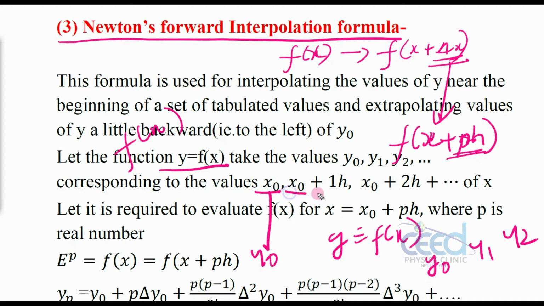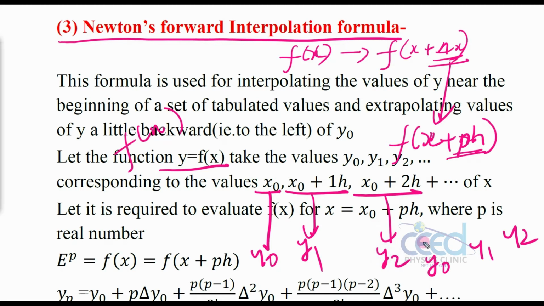If you give x as x0 plus h, then you will get y1. If you give x as x0 plus 2h, then you will get y2, and so on. You are adding some incremental length to x, as an integral multiple of some quantity.